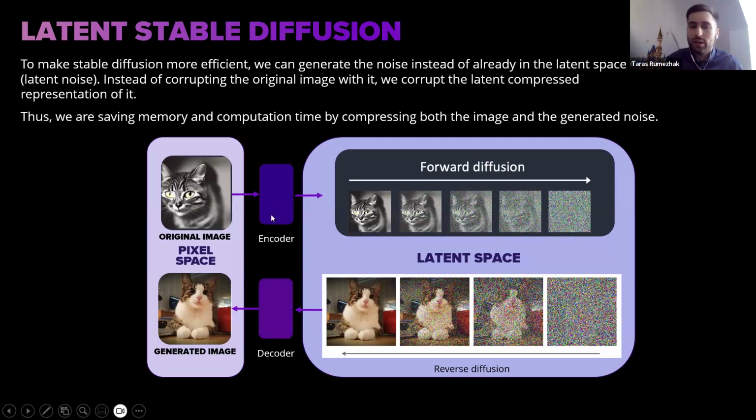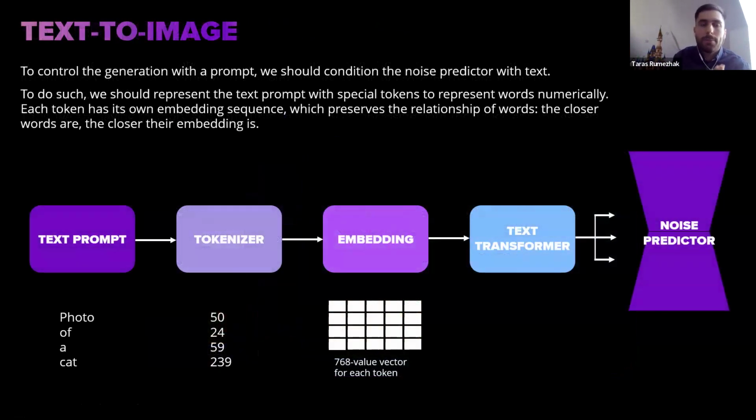For example, when we start with the cat, we use an encoder. We encode the cat into a vector of 100 values. We then teach the noise predictor on those small vectors in this latent space, then do the reverse process and decode the image. In that case, we receive the generated image of a cat. It's saving memory, it's saving computation, and it's the only way to achieve such results.